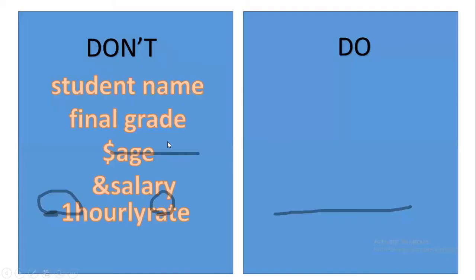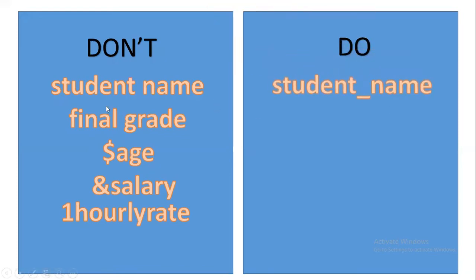Next. So we have examples here. It says don't, meaning those are wrong. So student name. What is wrong with that identifier? There's a space. Okay. So to remove the space, replace it with underscore.